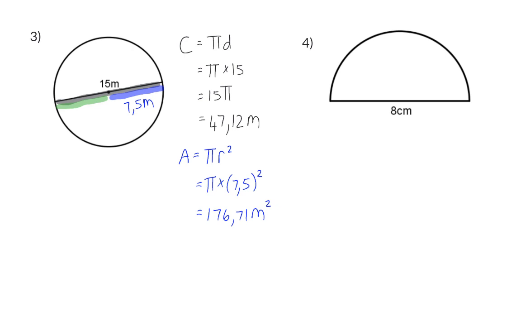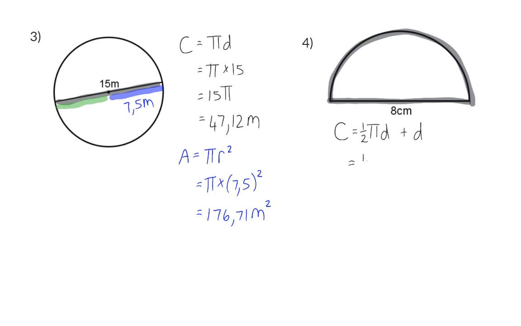So when determining the circumference of this semicircle, we'll take the formula for a full circle, but only half of that. Once we've determined this, we have half of the circumference of a normal full circle. But we haven't moved right around our shape. We still need to move back to the point where we started. This means we need to still add a full diameter.